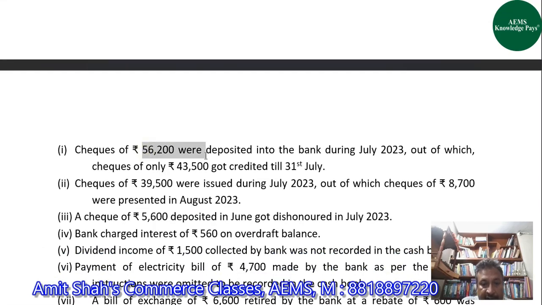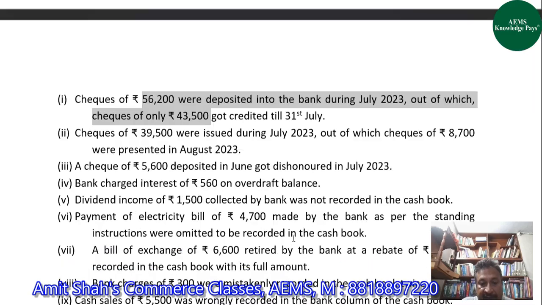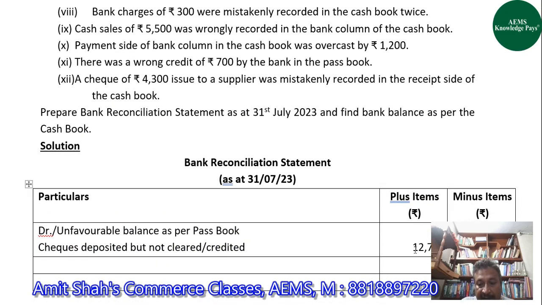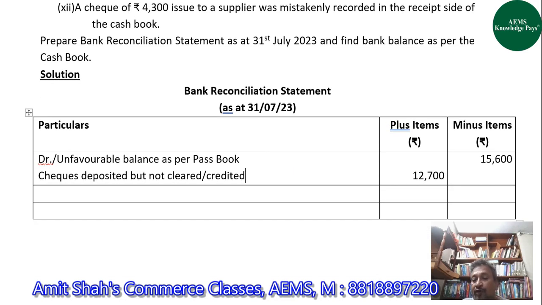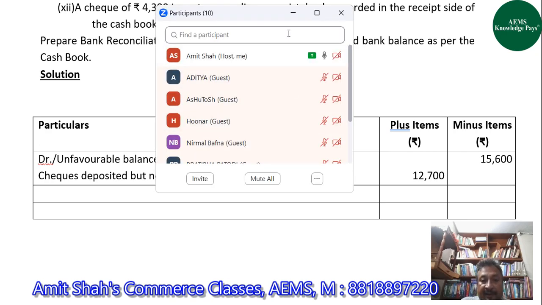So I hope, guys, you have understood why we have recorded this 12,700 in the plus column. Yes or no, guys? I'm asking all. Have you all understood this?